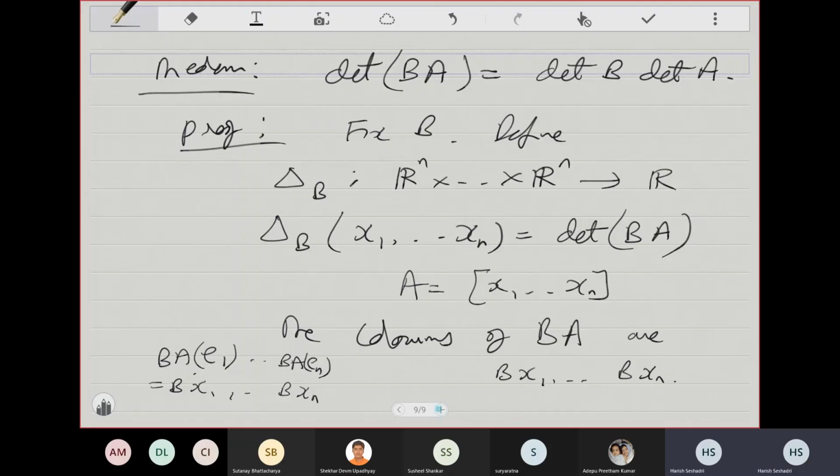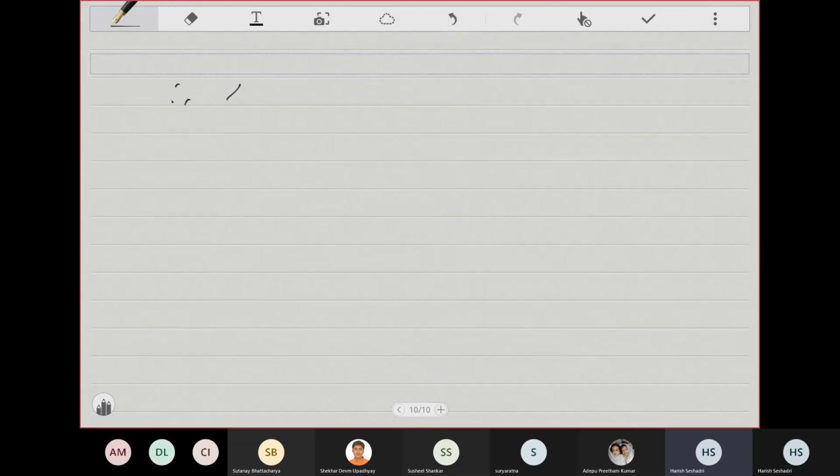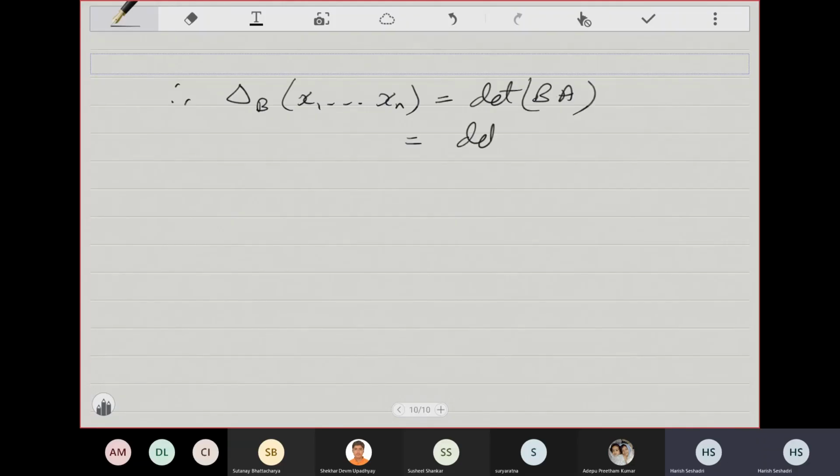So therefore, this new function delta B, which we define to be det of BA, is the same thing as determinant of Bx1, ..., Bxn. I mean, we haven't done anything here. We've just written it in a slightly different form. That's all.